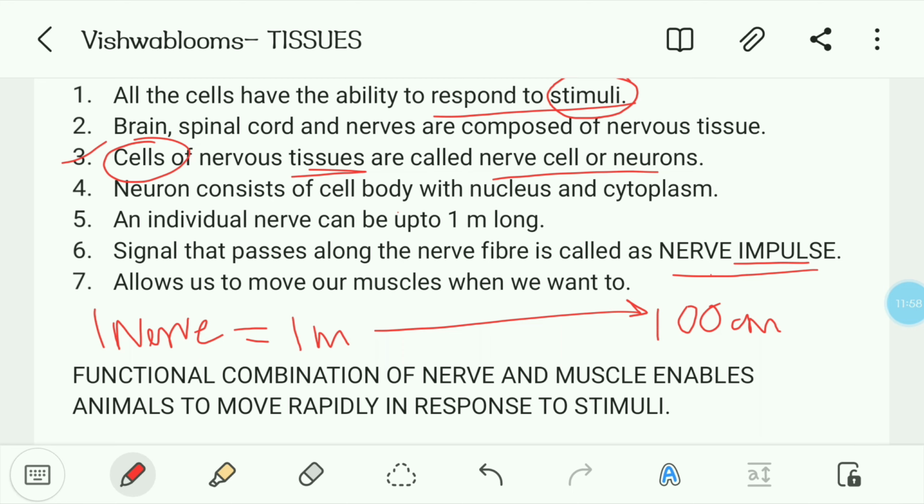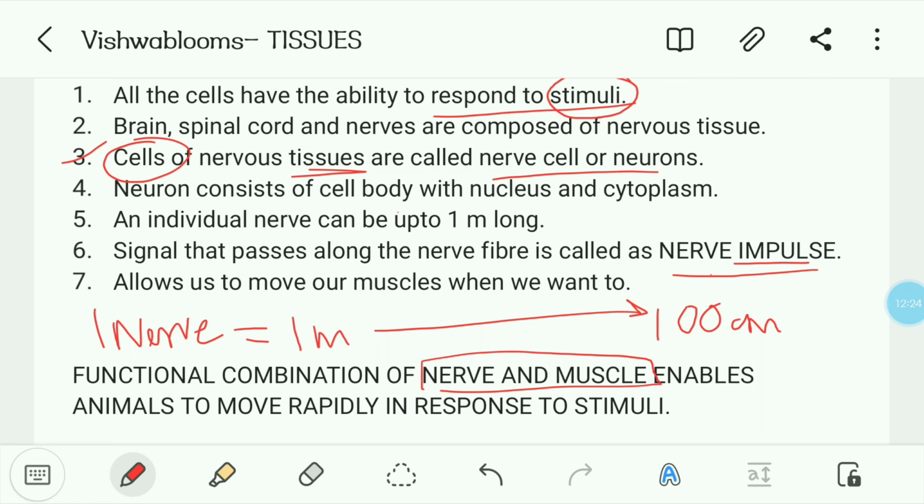Now one point in the last I will say, the functional combination of nerve and muscles. These nerves and muscles will only enable animals to move rapidly in response to stimuli. I told, right, you take your finger off that hot pan after knowing it.